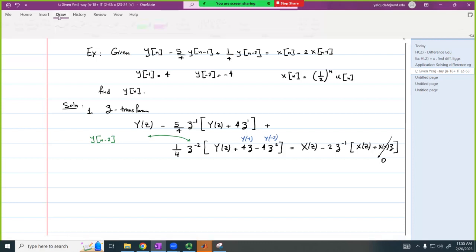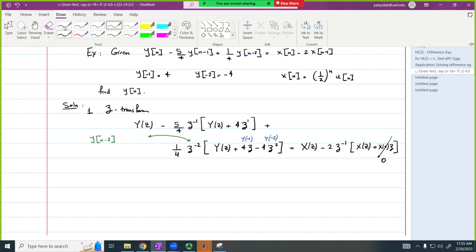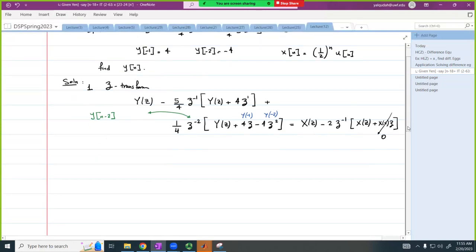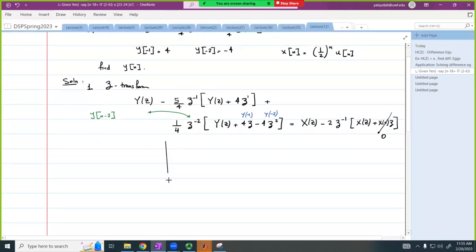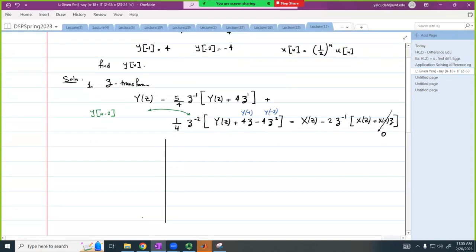Let's say that we have y of n that has initial conditions at -1 and -2.